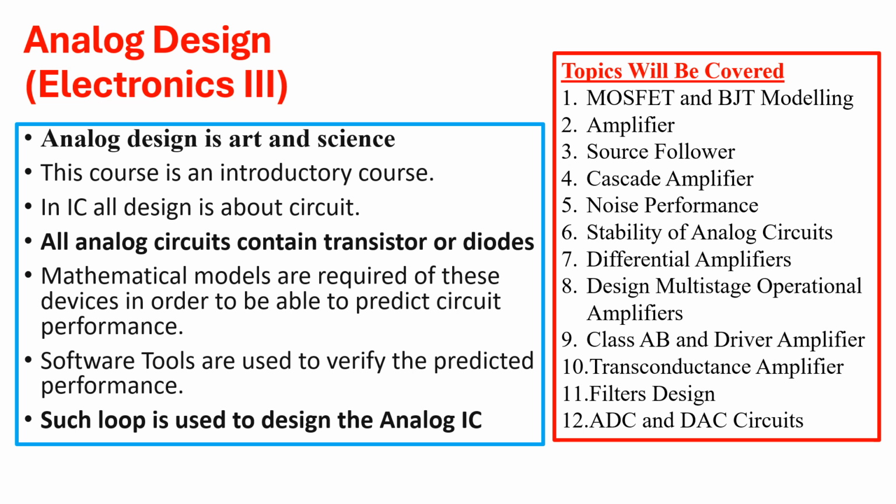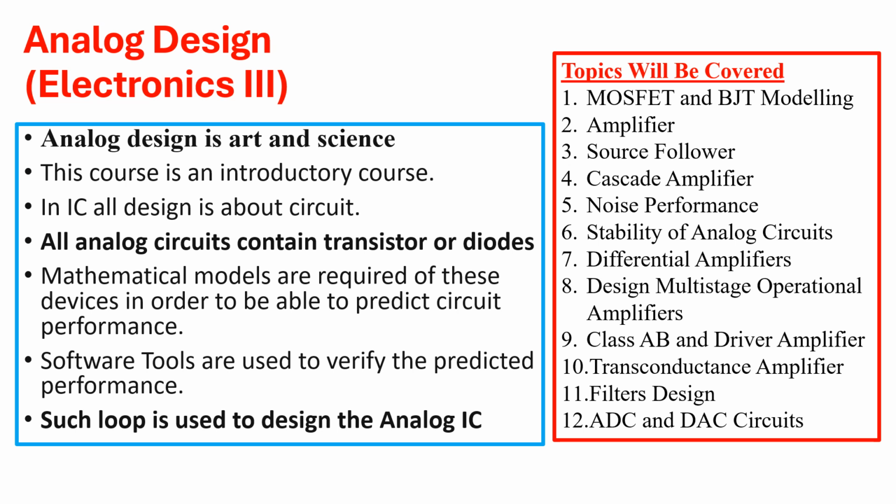CAD tools such as SPICE, Aldo, and other computer-aided design tools are then used to verify the predicted performance. This feedback loop is essential to converge to a real design. This loop will be used continuously to design analog ICs.